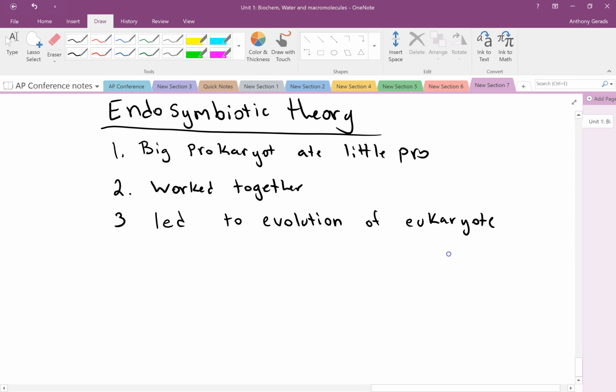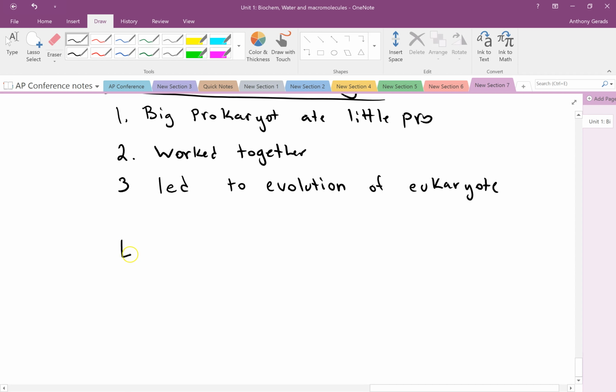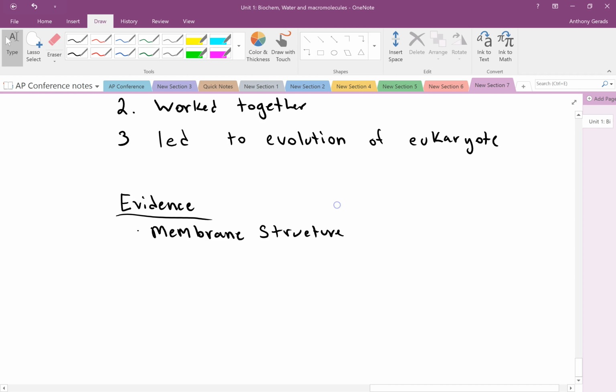So the evidence for this. Our evidence for endosymbiotic theory is going to be the membrane structure. Evidence is going to be own genetic material.